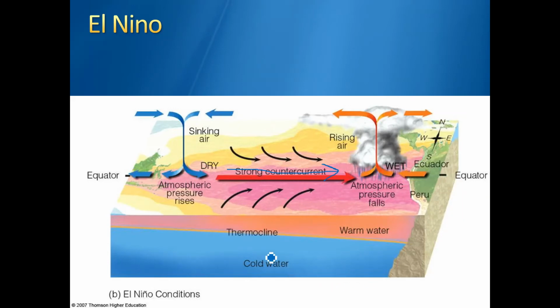And this allows all that warm water that was bunched up here over the western Pacific to slosh over to the eastern Pacific. This then creates lower pressure here, more rising air, and stormier weather. Meanwhile, over here in the West Pacific, it's a lot drier. So this has major implications on weather, not just here in California.